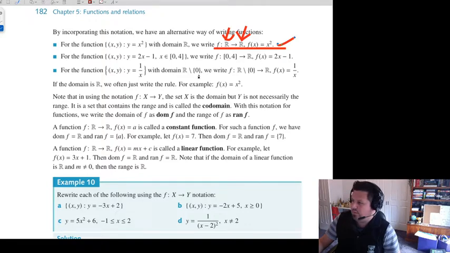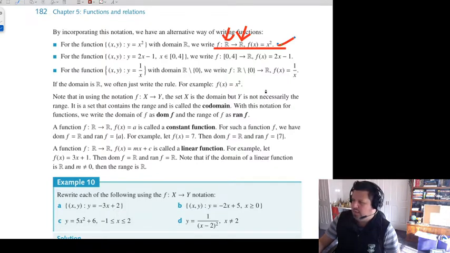Likewise, this one here, y equals 1 over x, has a domain of all real values except 0, where the asymptote is. Rewriting it using this other notation, f has the domain all real values except at 0, and its codomain is the real values, which is the range here, and then you write out the function.